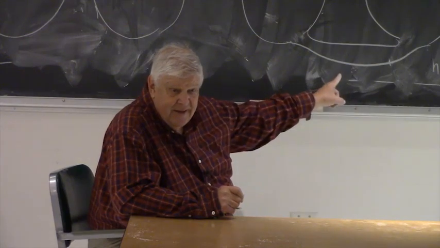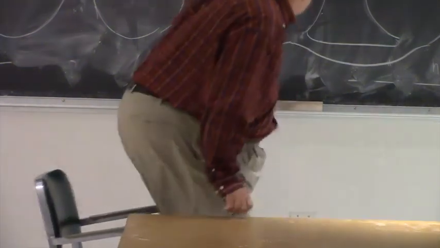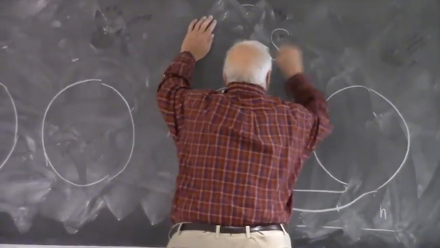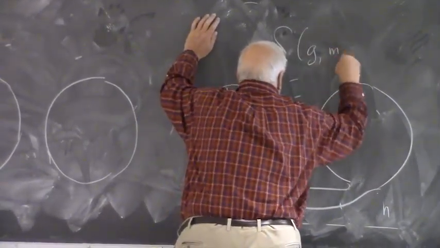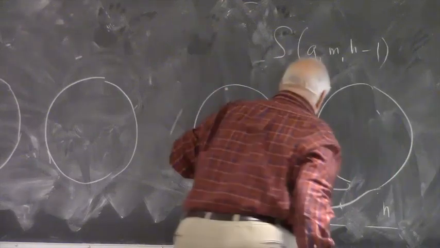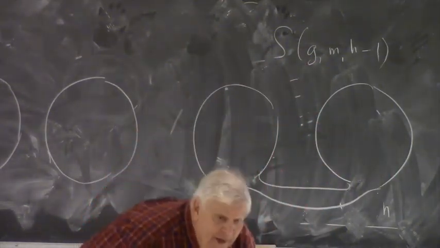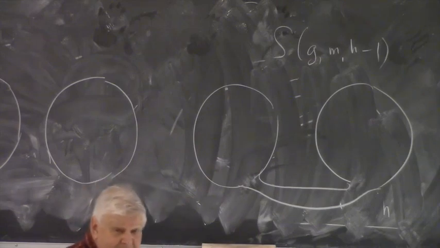Is it clear? So my surface was S, G, M, H. Now it becomes S, G, M, H minus 1. Very clear that simply of two holes I make one hole, and all the rest stays as it was.